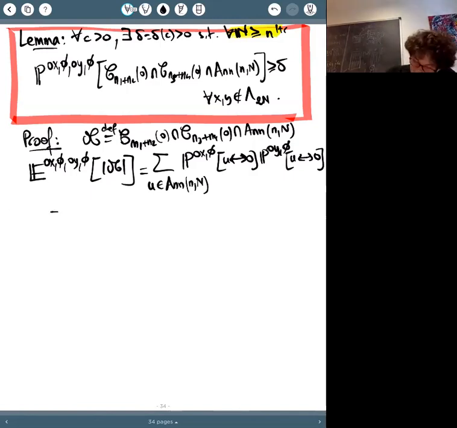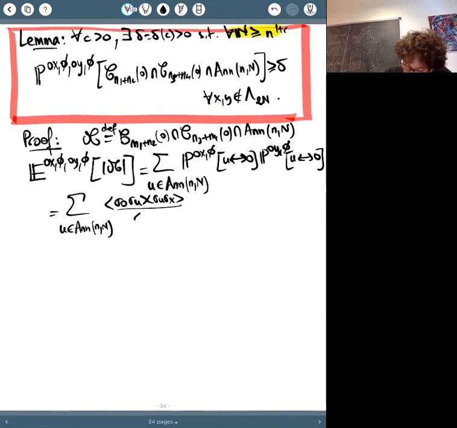But notice that here, it's fairly simple to estimate the quantities. It's sigma 0, sigma U, sigma x divided by sigma 0, sigma x, and the second term looks the same with y.